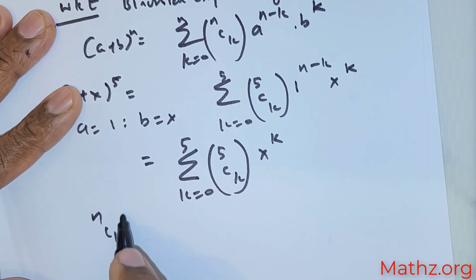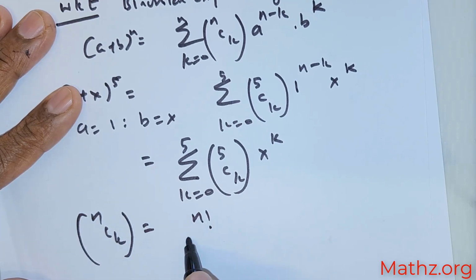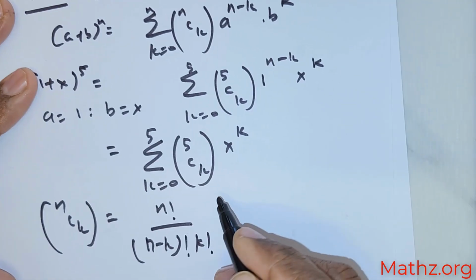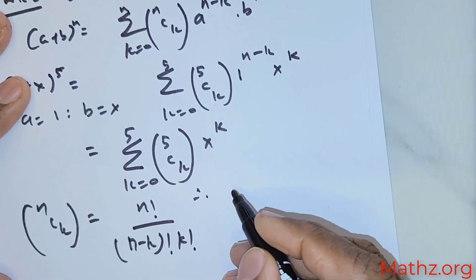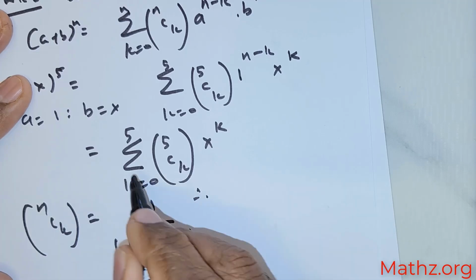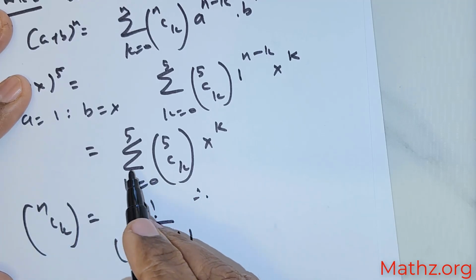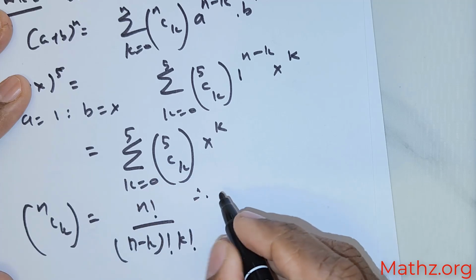Now nCk, you need to know what is nCk. nCk is n factorial divided by n minus k factorial times k factorial. So that is how we calculate nCk. Now let me expand this.